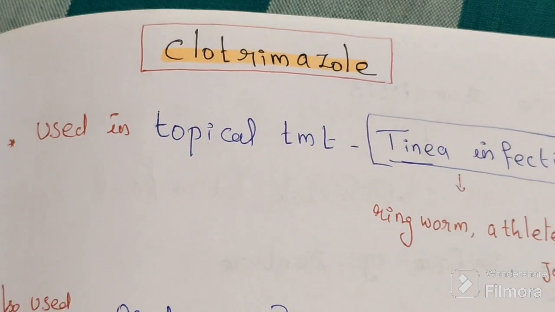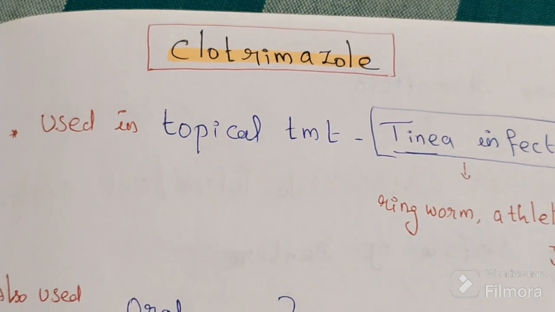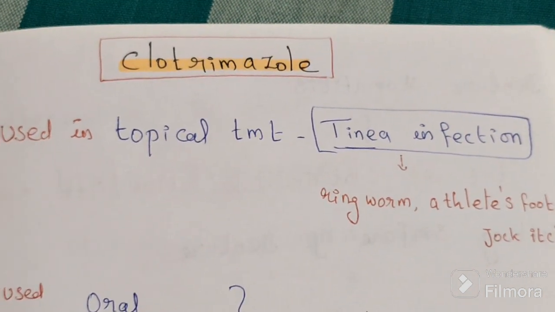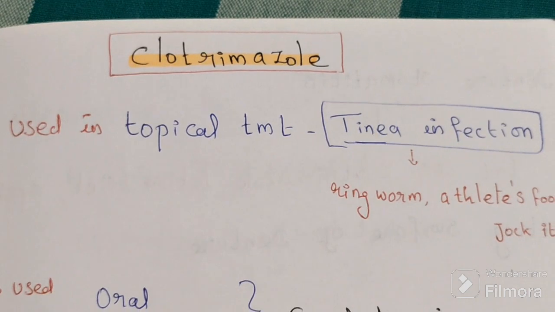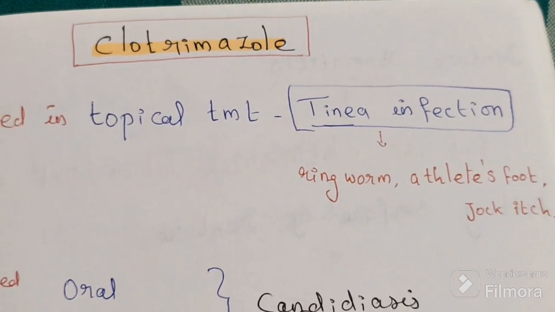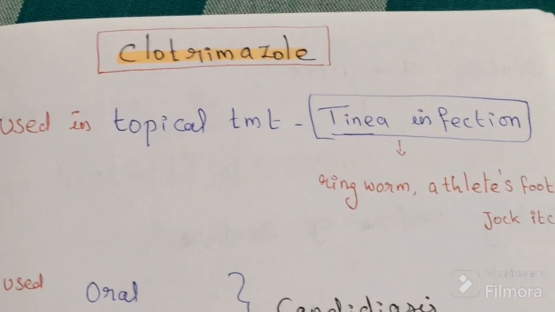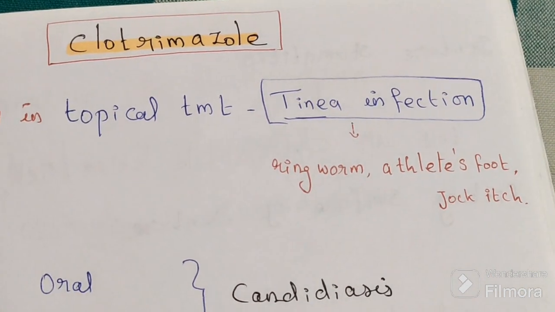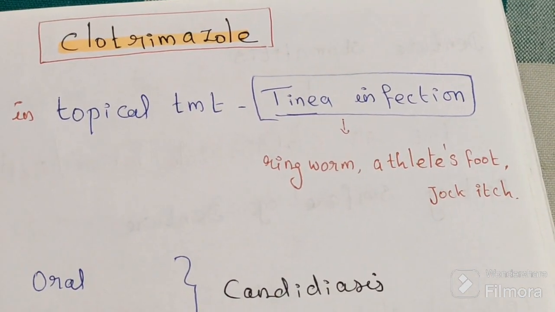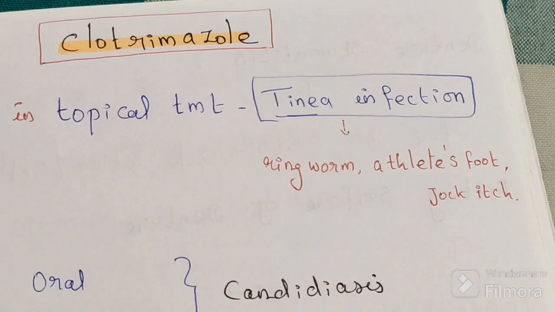Next drug, clotrimazole. Clotrimazole is used in topical treatment of tinea infection like ringworm, athlete's foot, and jock itch.